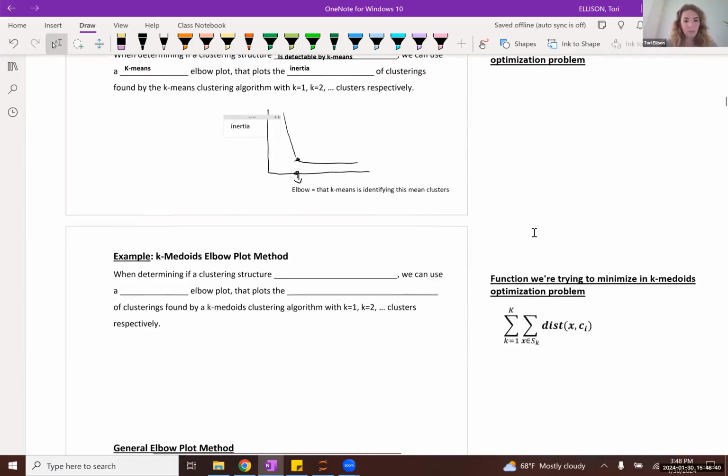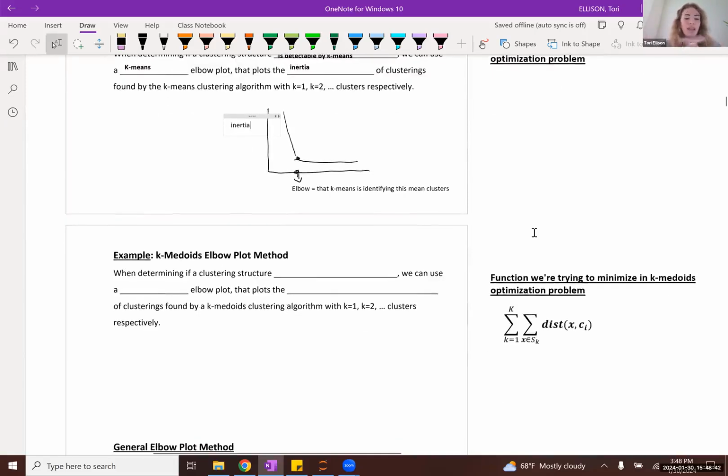Similarly, if we knew that we wanted to use k-medoids to cluster this data set, then we might make a k-medoids elbow plot. When determining if a clustering structure is detectable by k-medoids, we can use a k-medoids elbow plot.